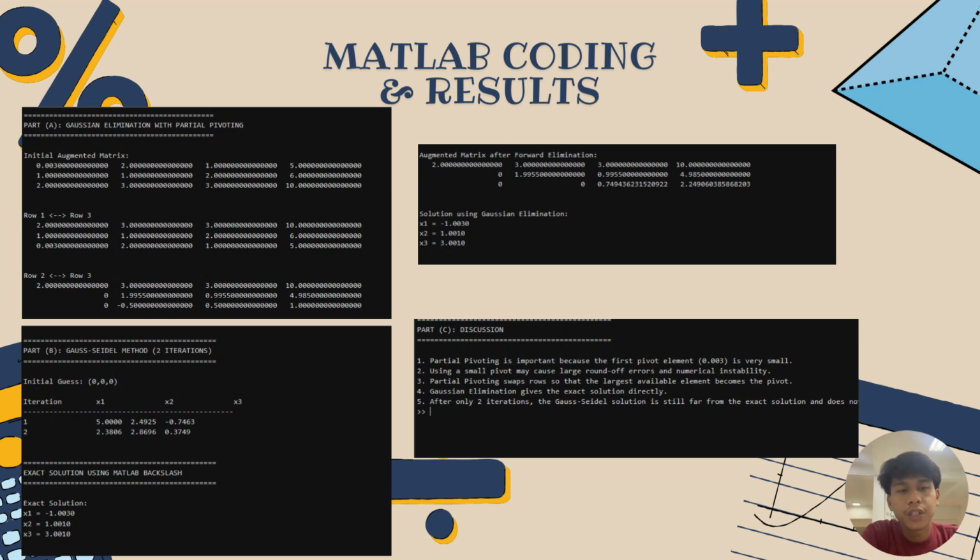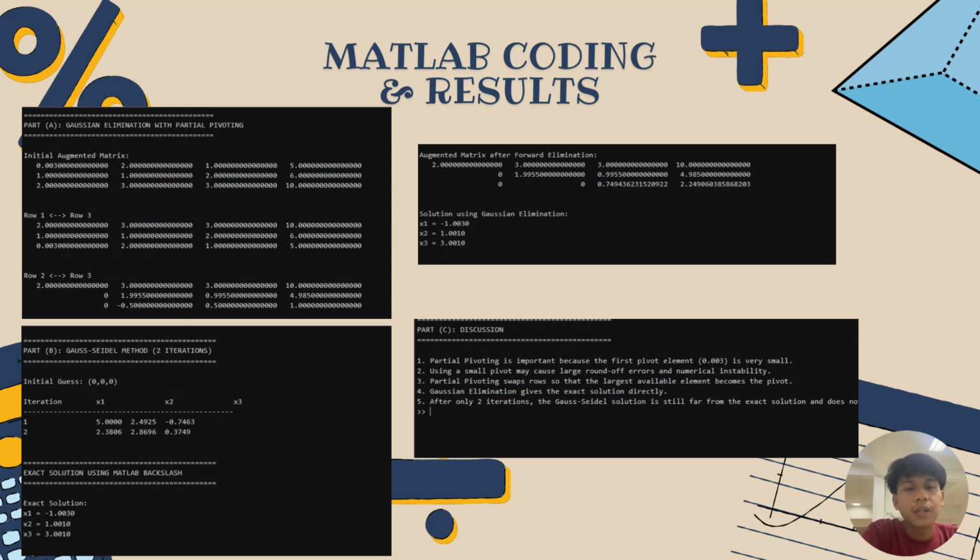Back substitution yields our exact solution x1 equal negative 1.003, x2 equal 1.001, and x3 equal 3.001. Second, the Gauss-Seidel method versus the exact solution.